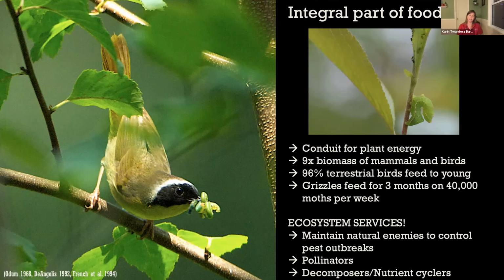They act as pollinators, which I'm not going to be discussing a huge amount today because I feel like there's been a decent amount of focus on pollinators recently. And they also serve as decomposers and nutrient cyclers, preventing all of this organic matter from building up around us and creating fertile soil for crops to be grown.